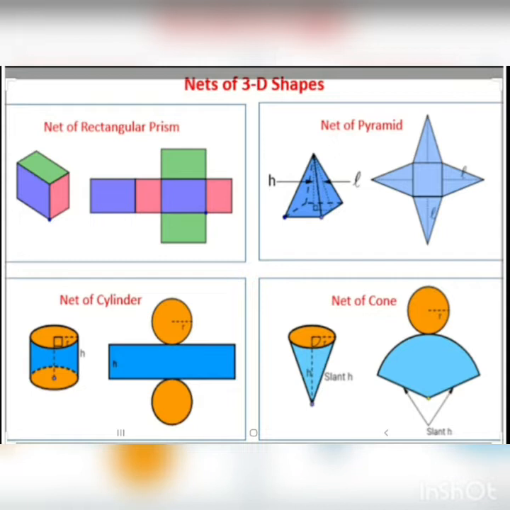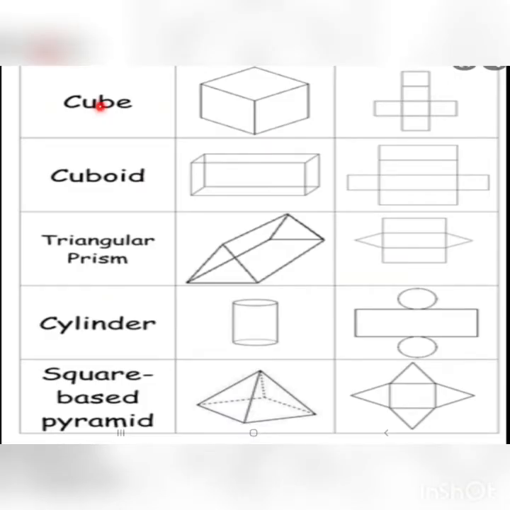So these are nets. That means when these shapes are folded you will get the required solid. This is folded you will get a cuboid and when this net is folded you will get a square pyramid. Here you will get a cylinder and here you will get a cone. Some more examples. The cube, the net is this one. Then cuboid, some slight changes in the shape, then you will get a cuboid.